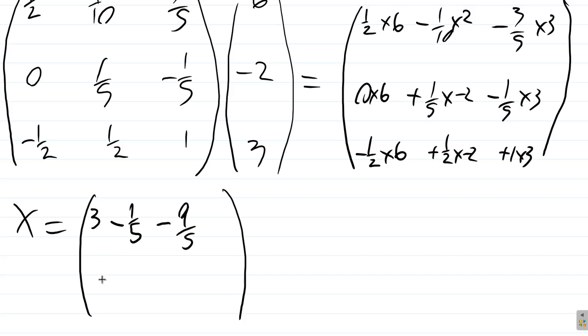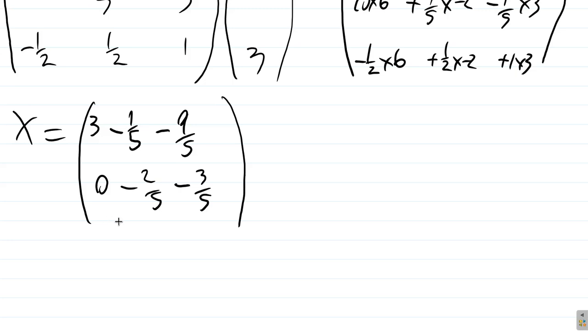This is 0 minus 2/5, minus 3/5. The third element will be, remember, we're not writing a 3 by 3 matrix, it's a 3 by 1, but we're finding out what the numbers are. Negative half by 6, that's negative 3, minus half by 2 is 1, plus 3.